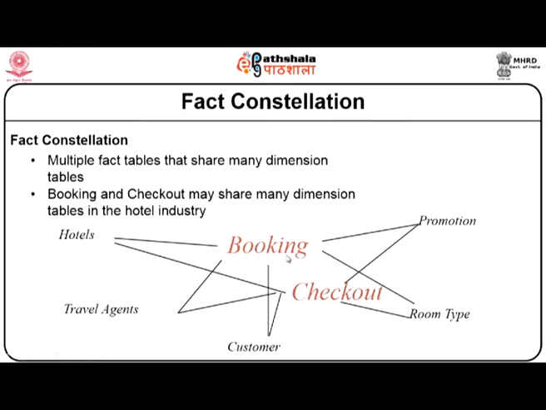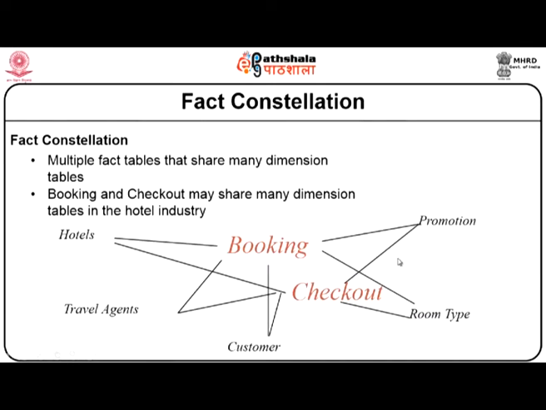Like within a hotel, I will have booking and checkout. Booking and checkout are two different facts, but they share certain things in common. So, I can create common dimensions, and these dimensions could be shared between these two entities. Hotels require booking and checkout, travel agents require booking and checkout details, customers require booking and checkout details, room type requires checkout and booking details, and promotion requires booking and checkout details.